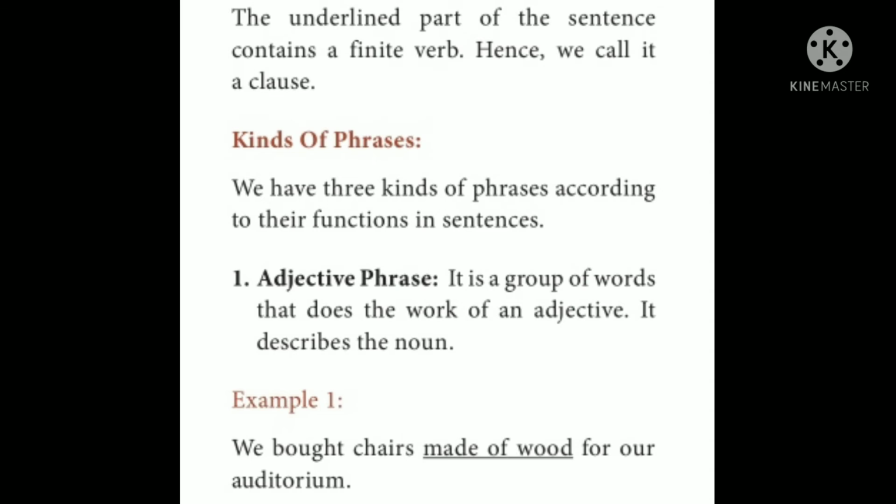Already we have seen what adjectives are. Adjectives are describing words. We'll see the definition first. It is a group of words that does the work of an adjective. It describes the noun. So you should know the definition first. You can underline does the work of an adjective.